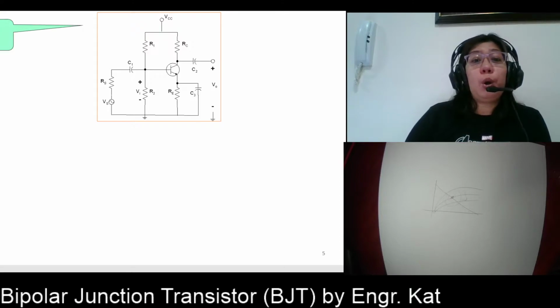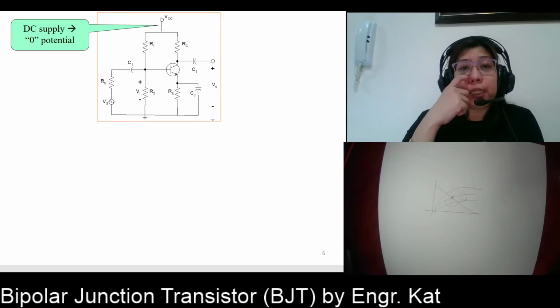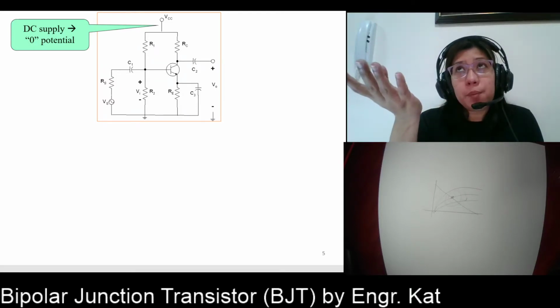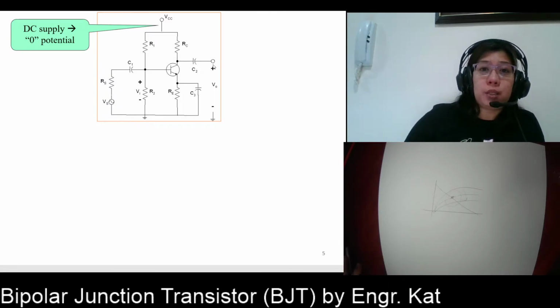Okay, so how are we going to separate your AC from DC analysis? From considering the DC analysis, we said that your capacitors in DC are said to be open, so no problem. When this is open, that separates your AC signal here and your AC output signal here.